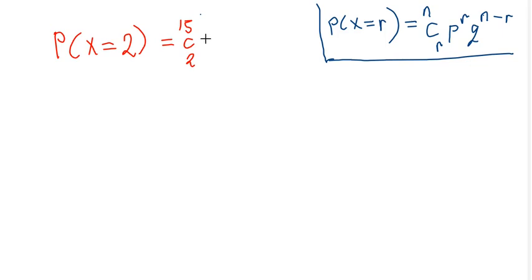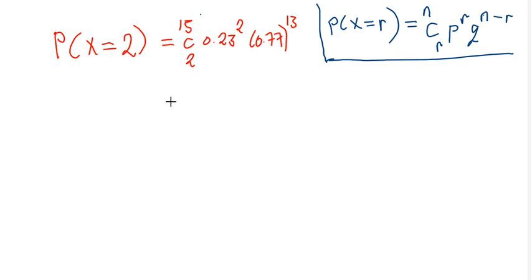Then we multiply by p, which is the probability for success, and we say it should be 0.23, raised to the power of the number of successes, which is 2. Then we multiply by the probability for failure, which is 0.77, raised to the number of failures, which would be 15 minus 2, and we can just put 13 here. If you want, you can say 15 minus 2, and then you go down.